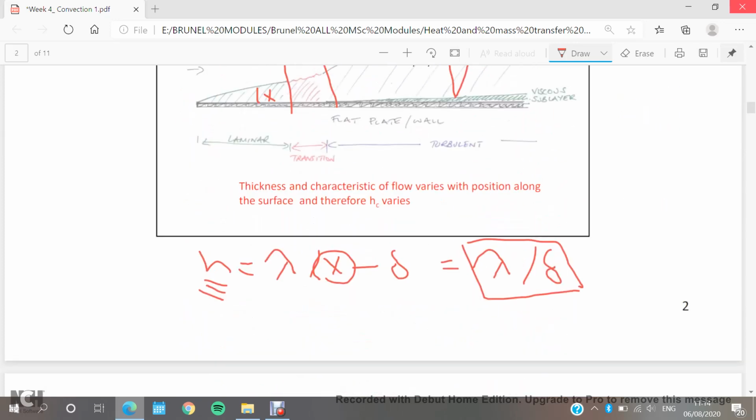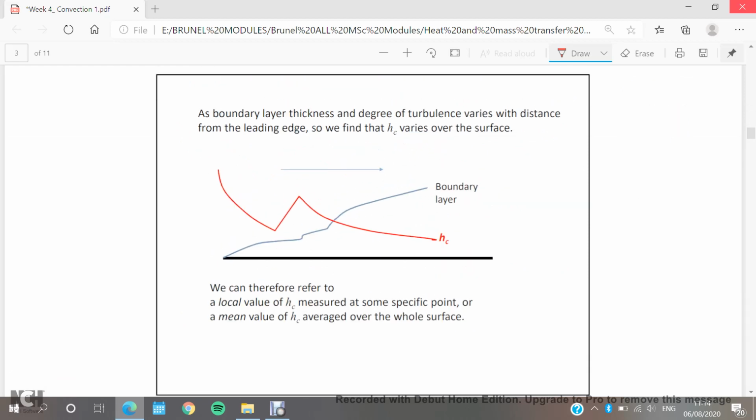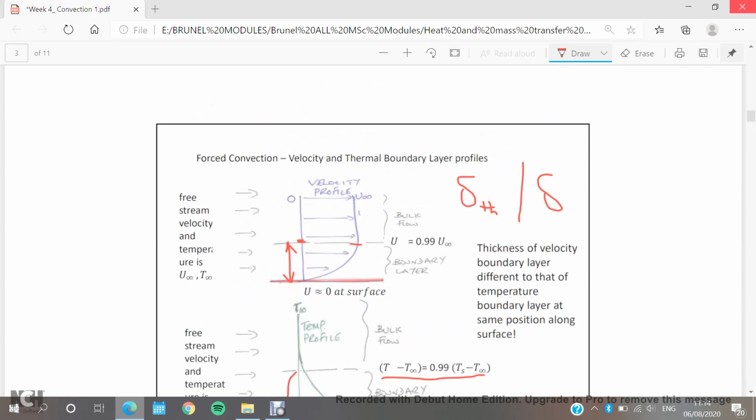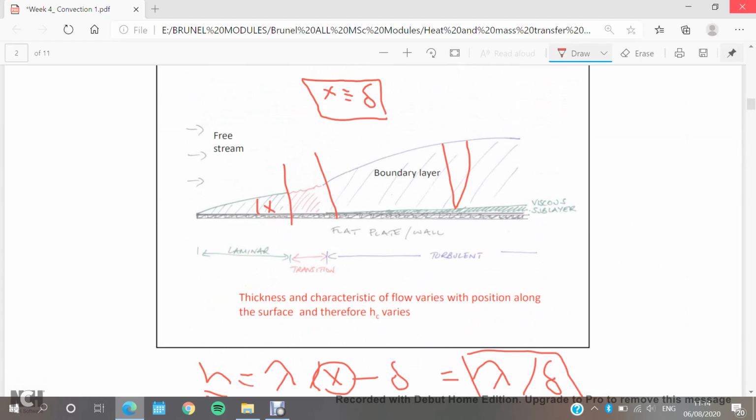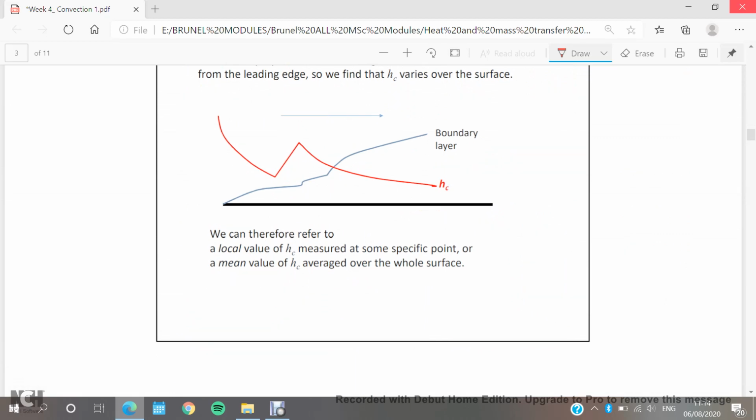Great. So we have here the relation between the heat transfer coefficient and the boundary layer shape, as we saw earlier, that the real boundary layer will be in that shape. So as long as the thickness of the boundary layer increases, the heat transfer coefficient decreases.